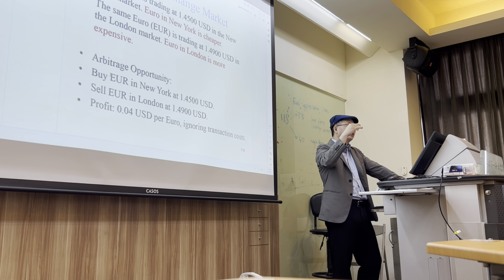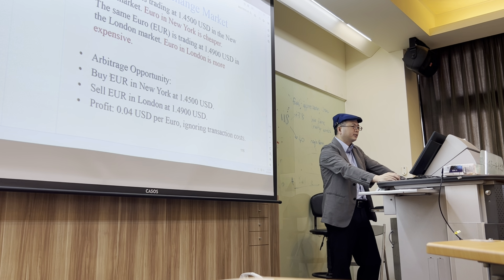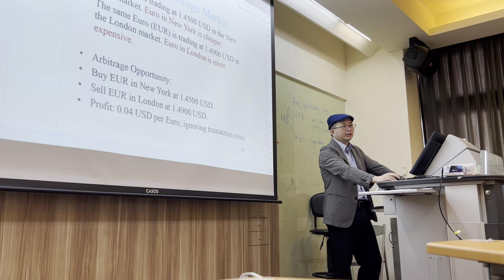When you compare these two numbers across these two markets, you can see one is 1.49, which is higher, and the other is 1.45, which is lower. So the same euro is more expensive in the London market than it is in the New York market.